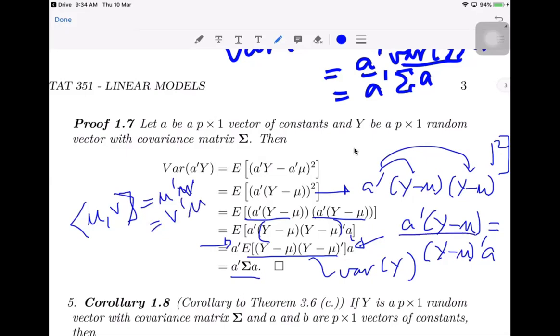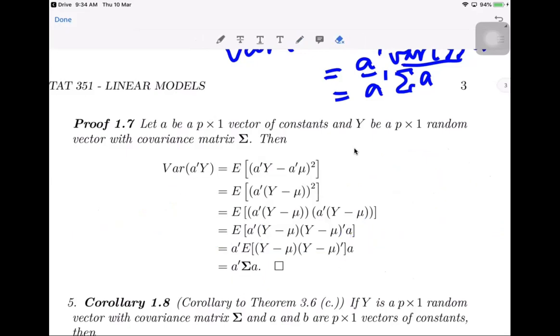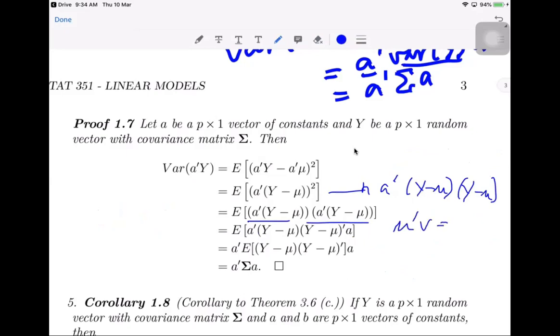So this is what happened here. So this is a prime y minus mu, y minus mu, and then you have that. Okay, u prime v is just equal to v prime u, which is this part. And the result.